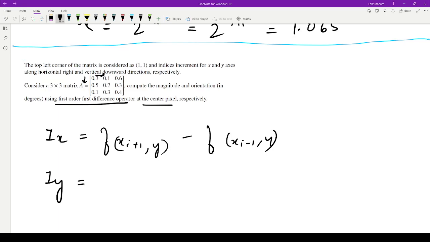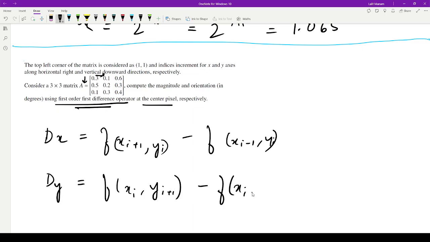But here we are only using the difference operator. We are not taking any average. Maybe I'll just change the notation. I'll write it as dx. dx is just the simple difference, and dy is another simple difference along the y direction, f of x, i plus 1 minus f of x, i minus 1.